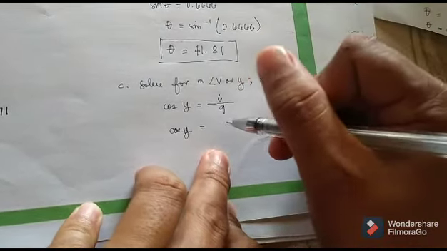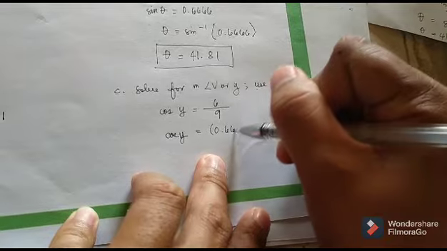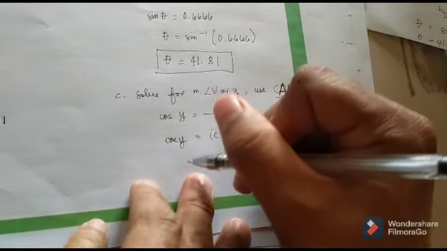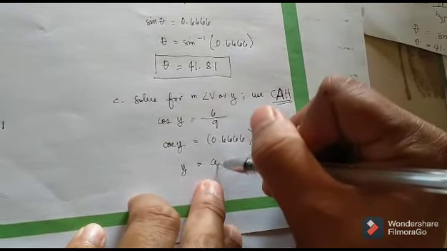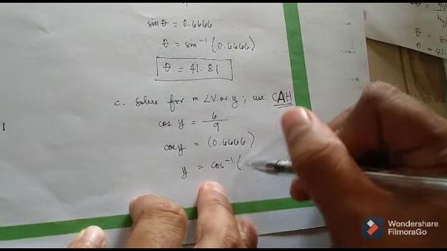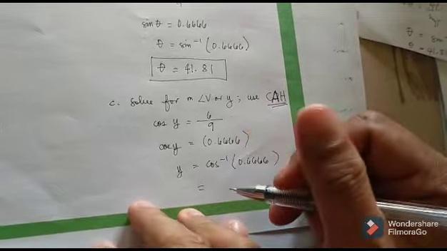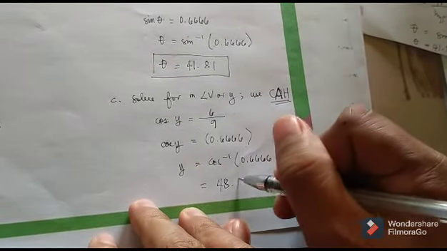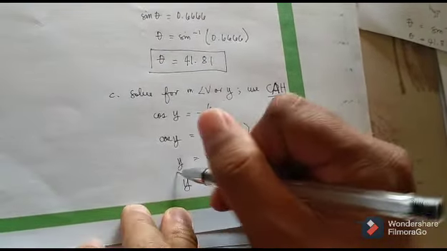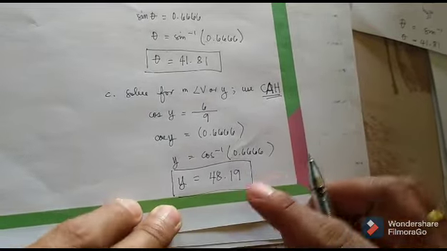So that is 0.6666. Inverse cosine of 0.6666, you would have an equivalent of 48.19. So y therefore is equal to 48.19.